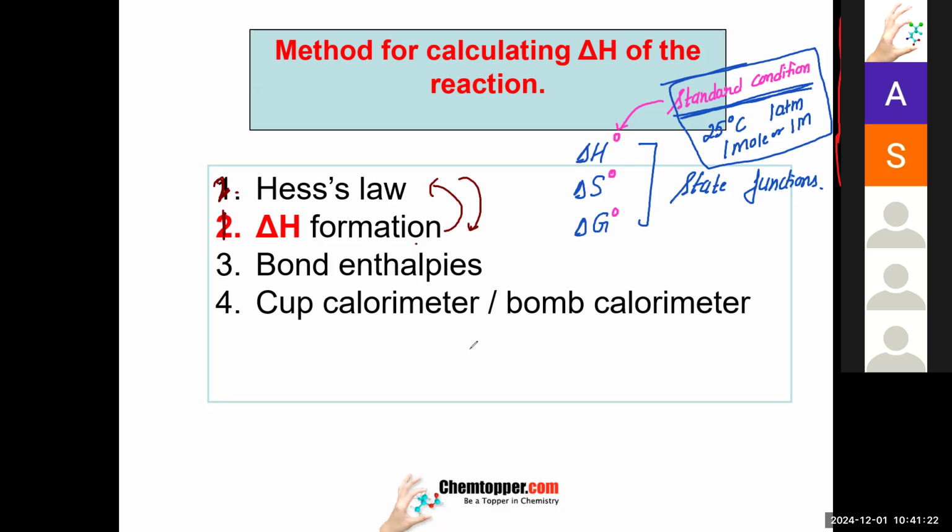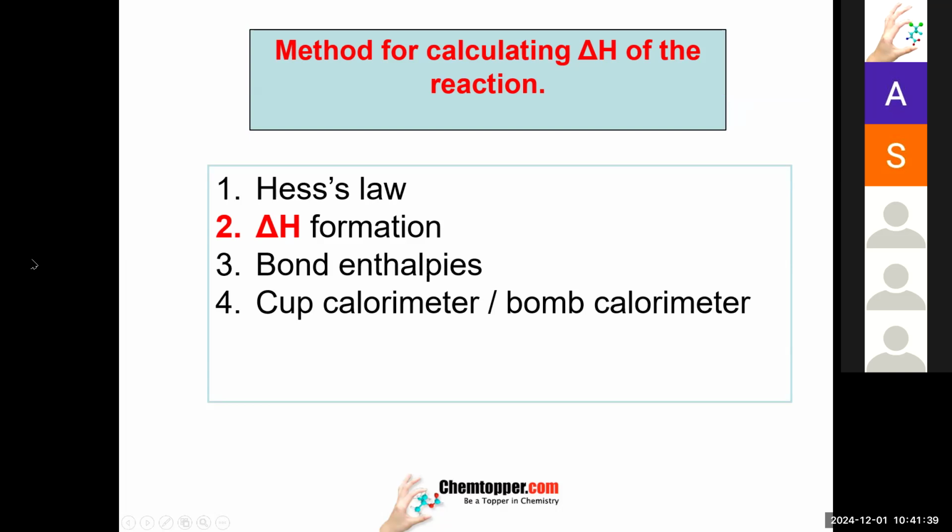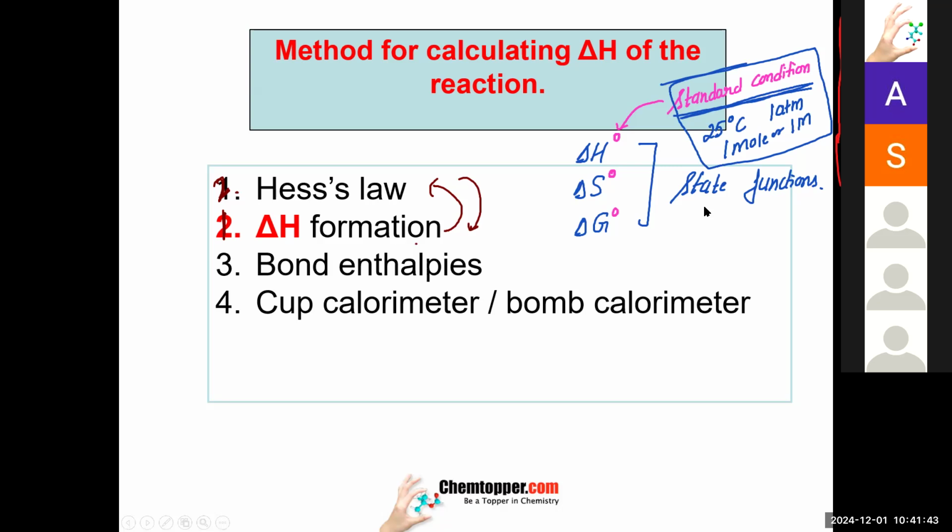Now, first I'm going to teach you about delta H of formation, the formation enthalpies, the meaning. A very important concept of this unit 6. Remember I said state functions. What is the meaning of state functions?